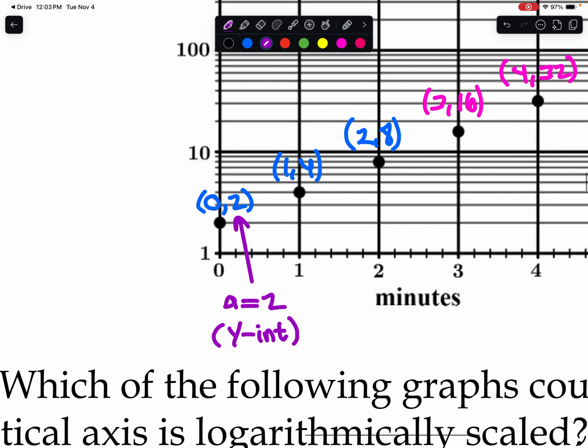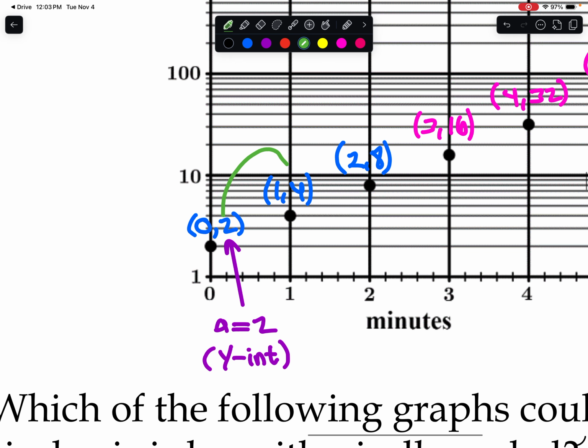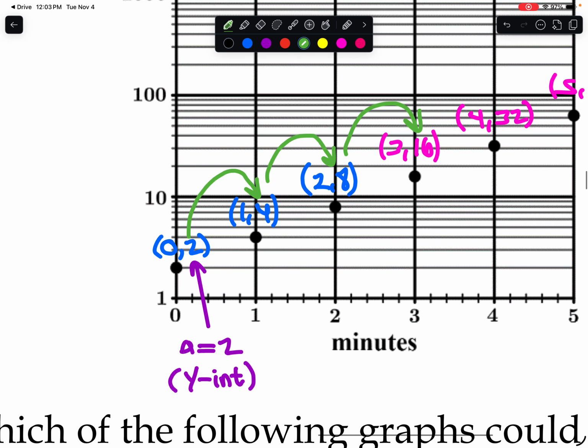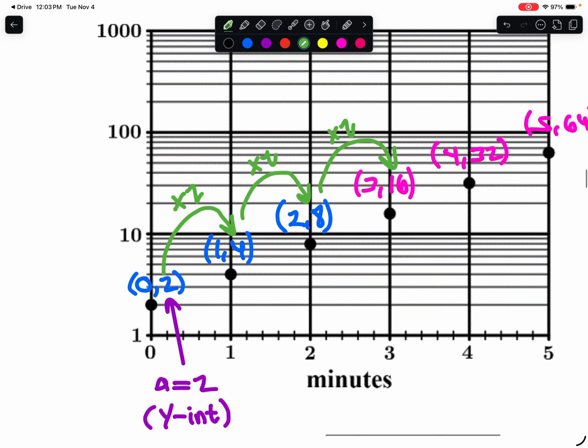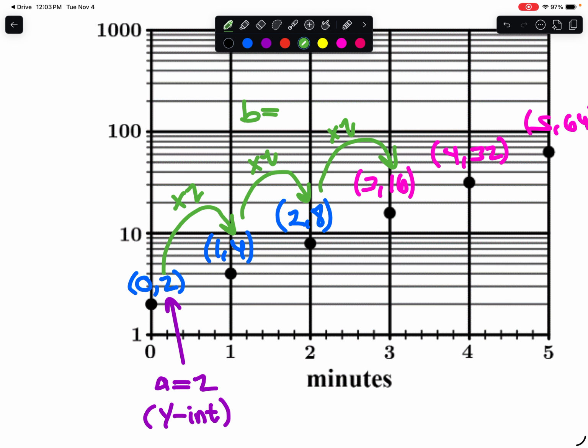My y-intercept of an exponential function tells me that that would be my a value. And then if you look at the multiplicative rate, if I go from 2 to 4 and then to 8 and then to 16 and so on, we're multiplying by 2 each time. So what this tells me is that my b value in my exponential function has to be 2.